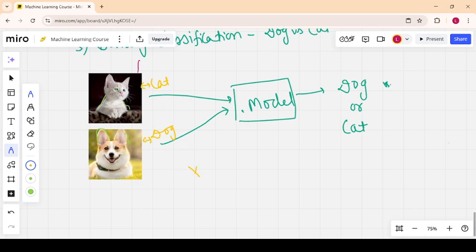Data is fed in the format of x and y into the model. The model tries to learn the pattern present in the images, and tries to relate it with the label as well as the features present in the image. After learning, we can use this model for the prediction task. We give a new image of a cat or dog, and try to see whether the model is working well or not.